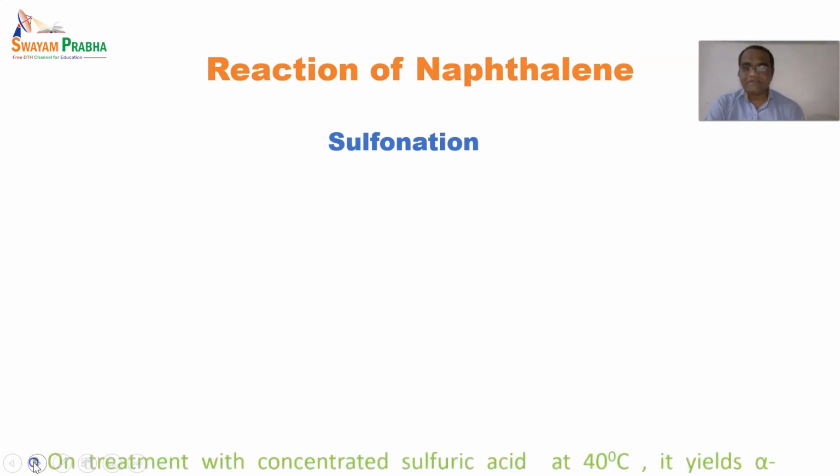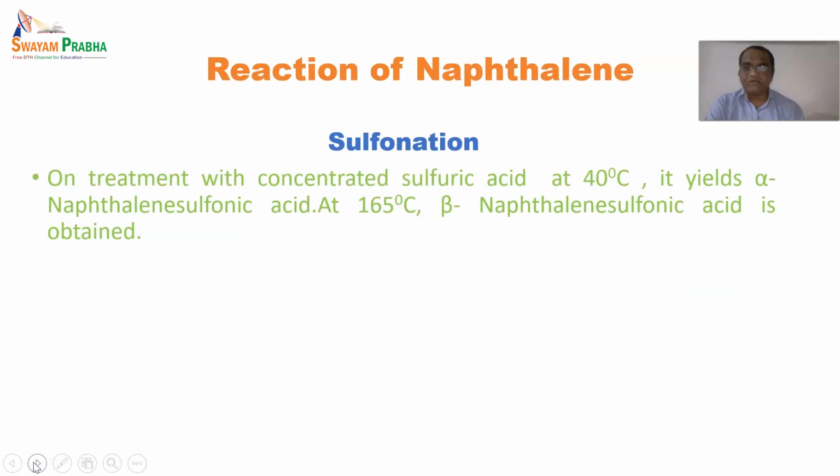After that, the next reaction is sulfonation. On treatment with concentrated sulfuric acid at 40 degrees Celsius, it yields alpha naphthalene sulfonic acid, and at 165 degrees Celsius it yields beta naphthalene sulfonic acid.